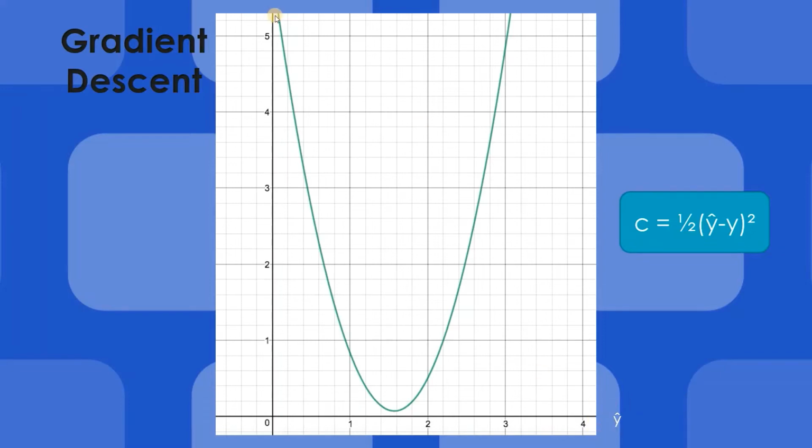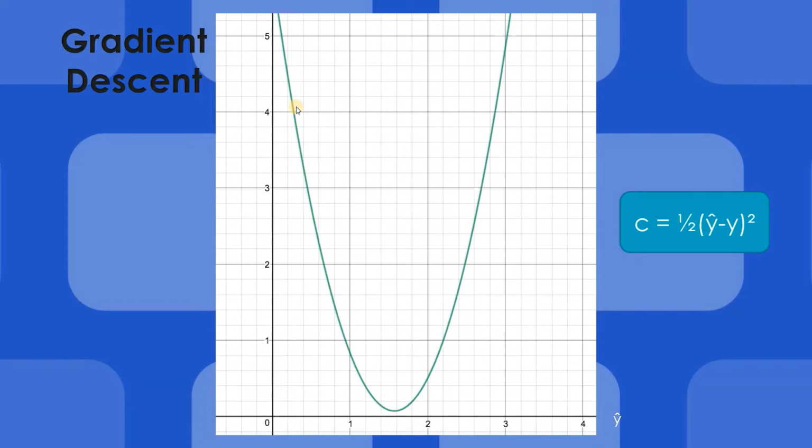Our target is to achieve the minimum value of the cost function. According to this graph, we get the minimum value of the cost function over here, at this particular y hat, and it is the optimum case when the cost function is 0. Now to get the best possible value of the cost function, suppose you have particular inputs.